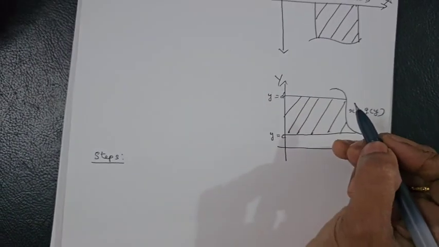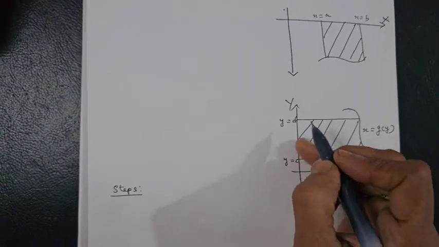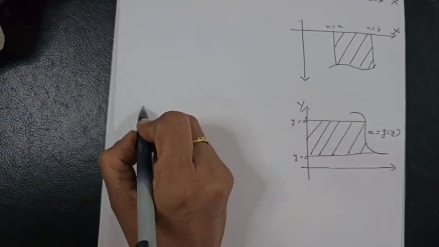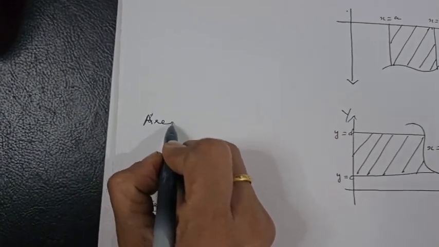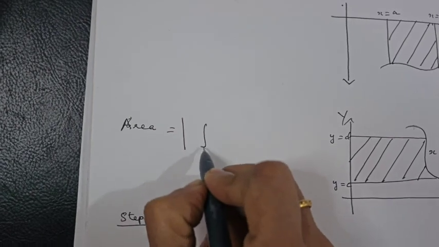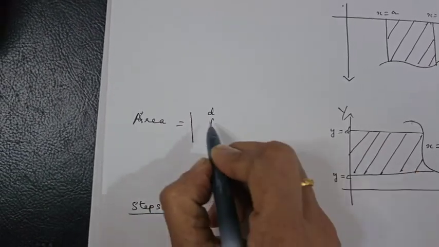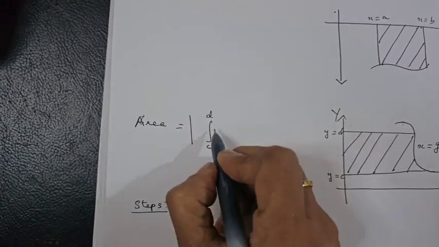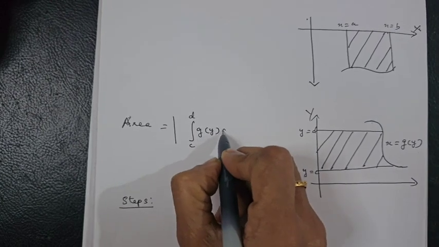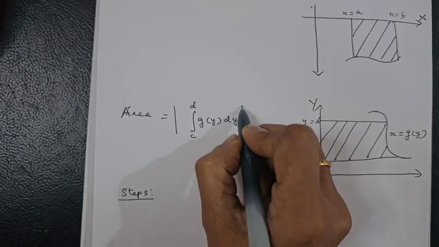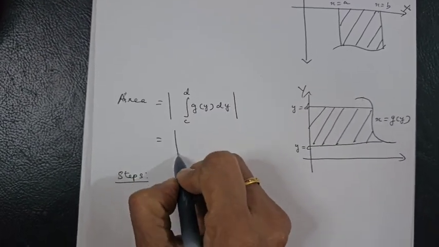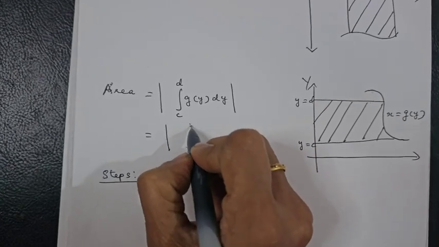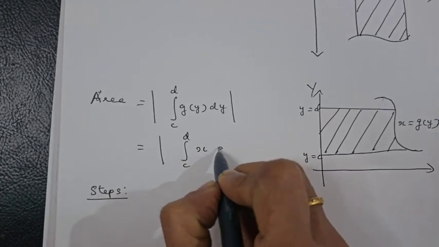In that case, the area is equal to the modulus of the integral from c to d of g of y dy, or that can also be written as the modulus of the integral from c to d of x dy.